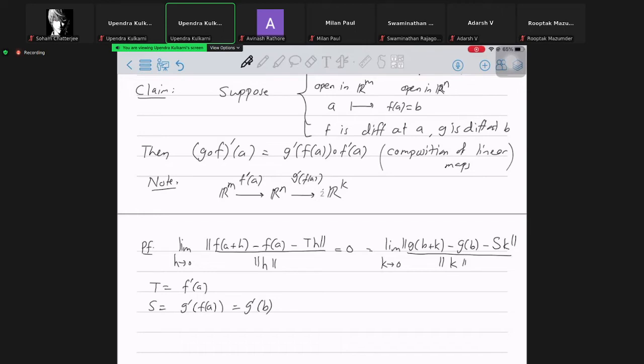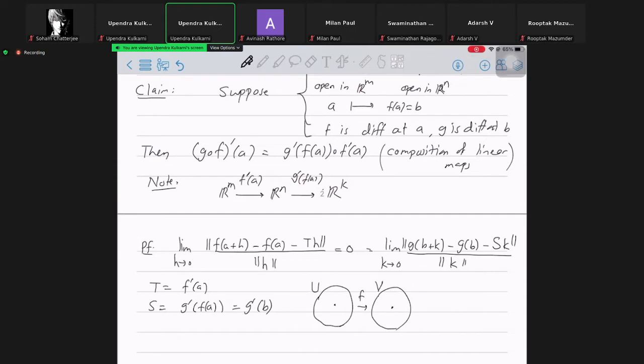All right, so just a little bit of a picture. Here is a, here is U, here is b, and here is V. And F really just maps. Okay.